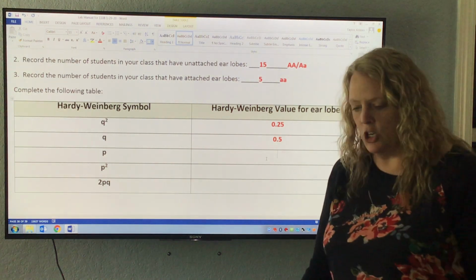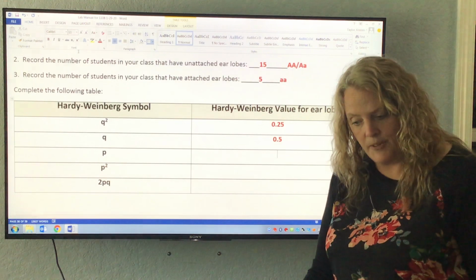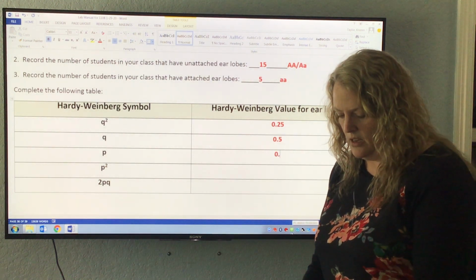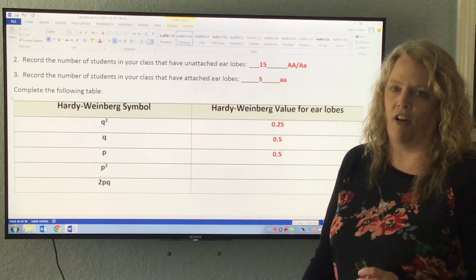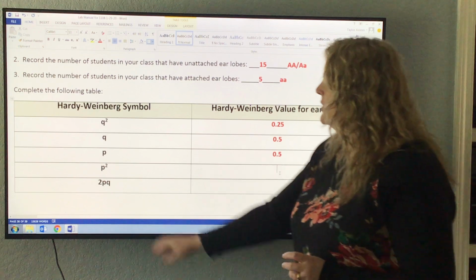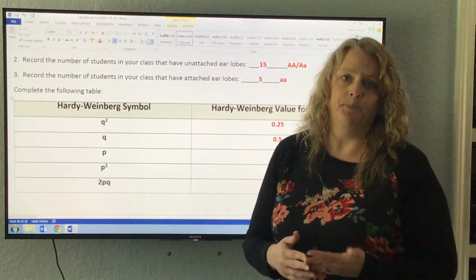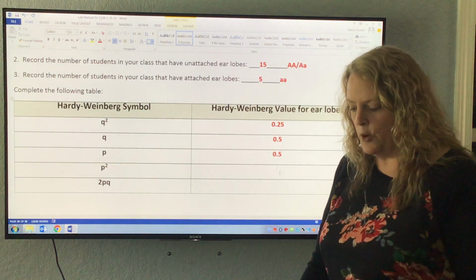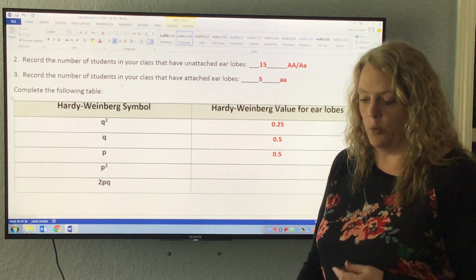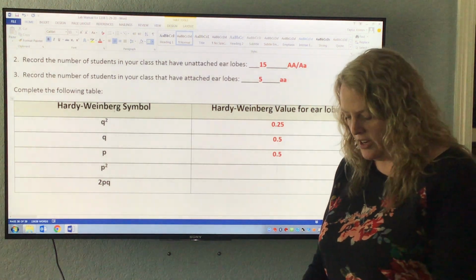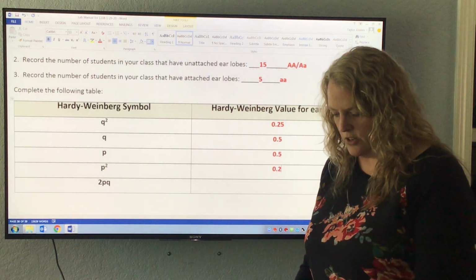So if q is 0.5, then that means p has to be 0.5 as well. Alright, so p squared is p times p. So if p is 0.5, then to solve for p squared, it's going to be 0.5 times 0.5. And if that's what you did, then your answer should be 0.25 for that one.